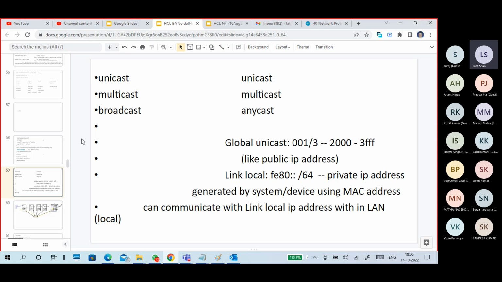If you see FE80 colon, that is a link local IP address. It is a private IP address. It works only within the LAN. It is generated by your computer based on your NIC's MAC address. So this is IPv4, IPv6.